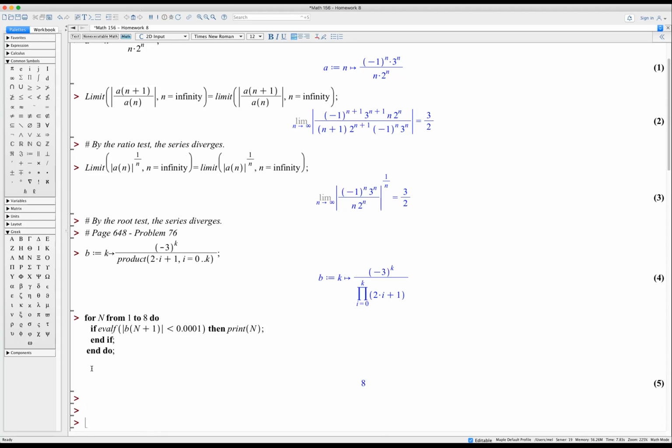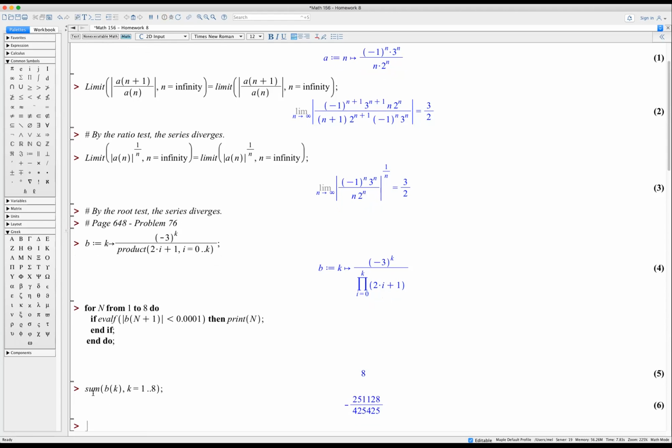And let's just check out what it is. So suppose I take the sum of B of K, K going from 1 to 8. That's what it is.